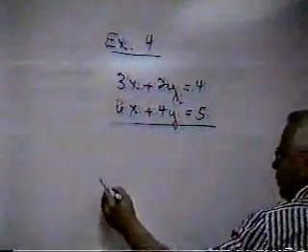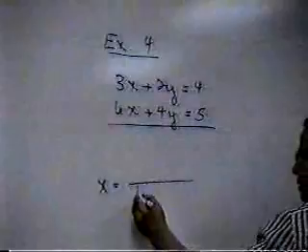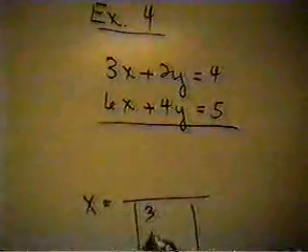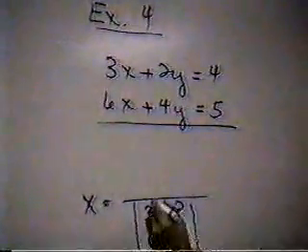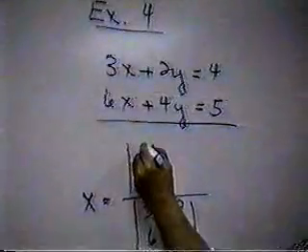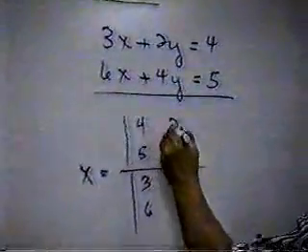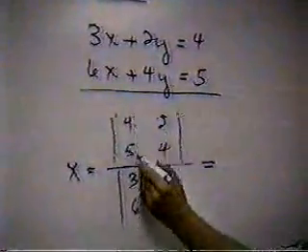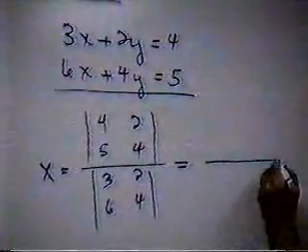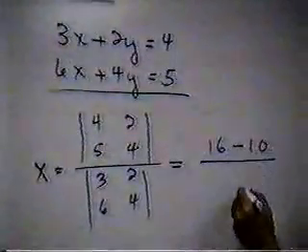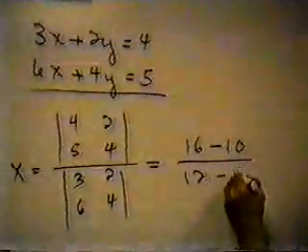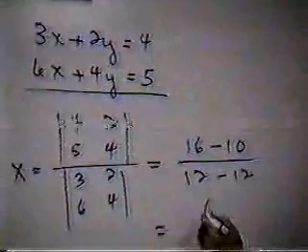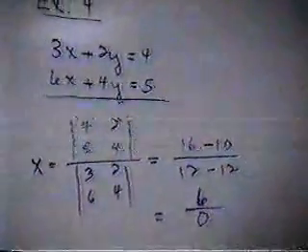So what we would do here, for x, denominator would be 3, 6, 2, 4. Numerator would be 4, 5, 2, 4, replacing the x column with the constants. Multiplying down, we get 16 minus 10, 12 minus 12, and so we get 6 divided by 0.